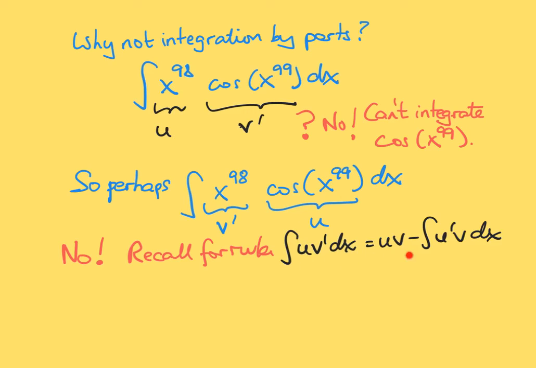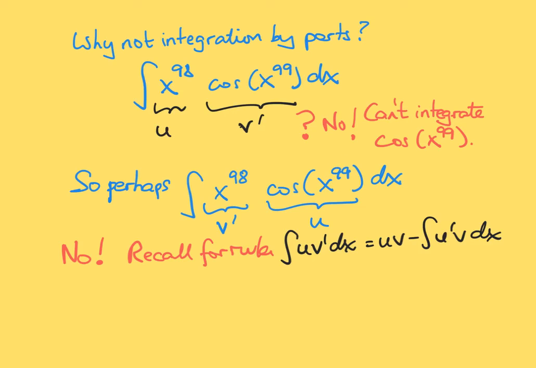Remembering the integration by parts formula, we're going to need to integrate this, so that's going to go up to a power of x to the 99 over 99. And then when we differentiate that, we're going to get minus sine of the same argument, x to the 99, multiplied by, using the chain rule, the derivative of x to the 99.